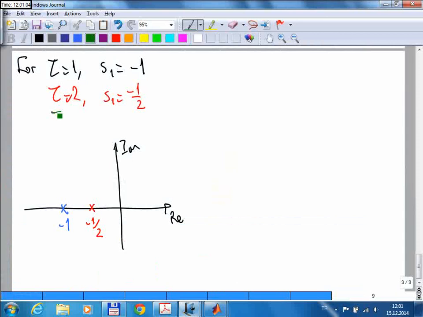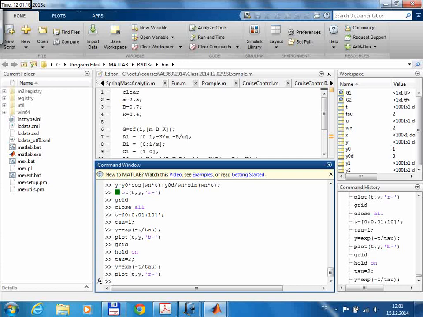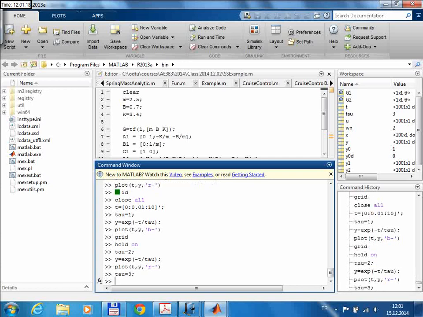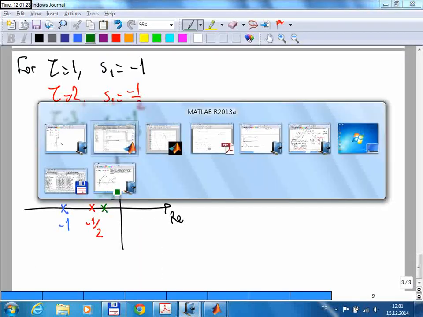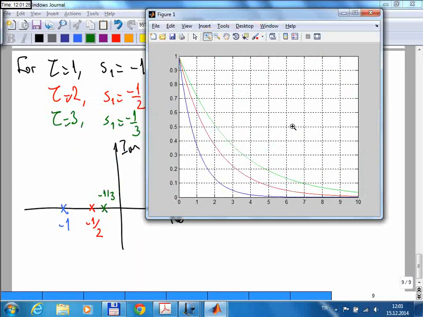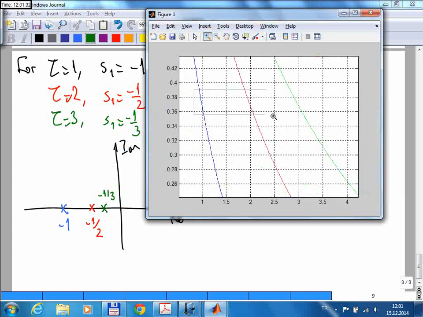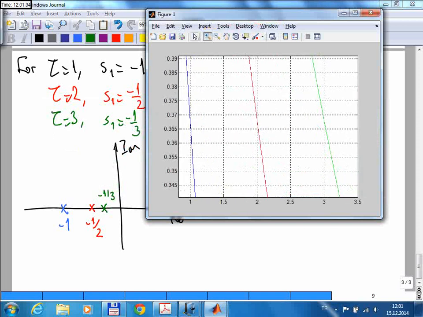And let's consider the time constant of 3. Okay, so the result actually is consistent with what we expected from our equation.